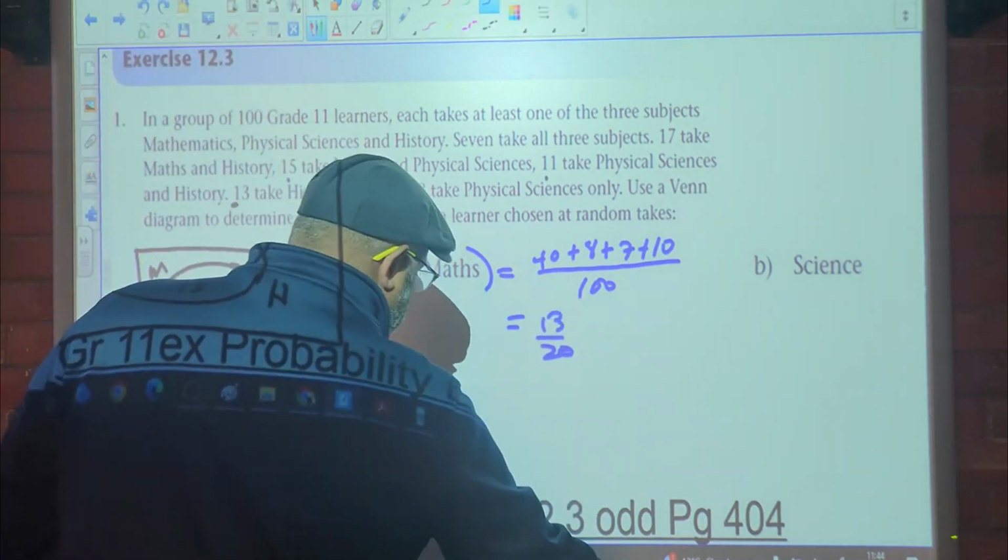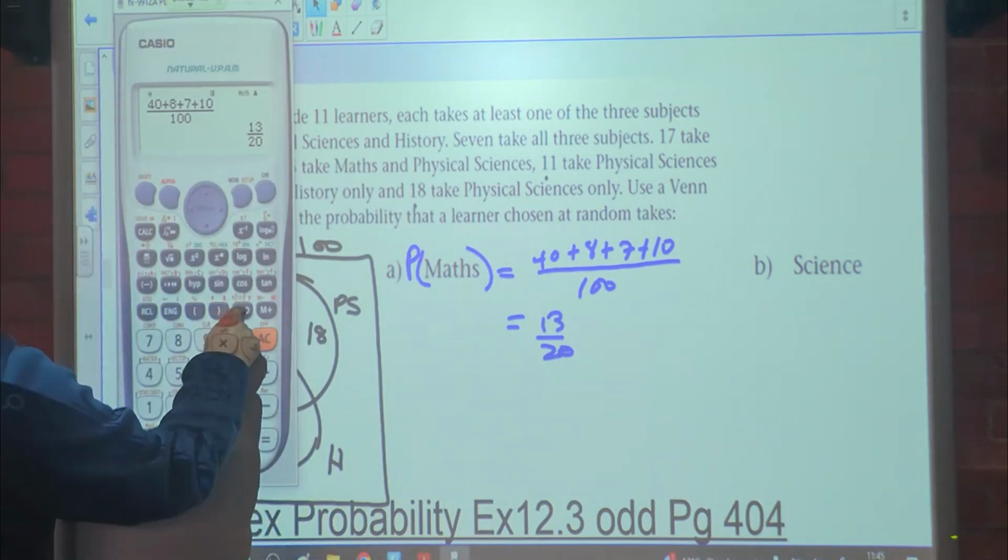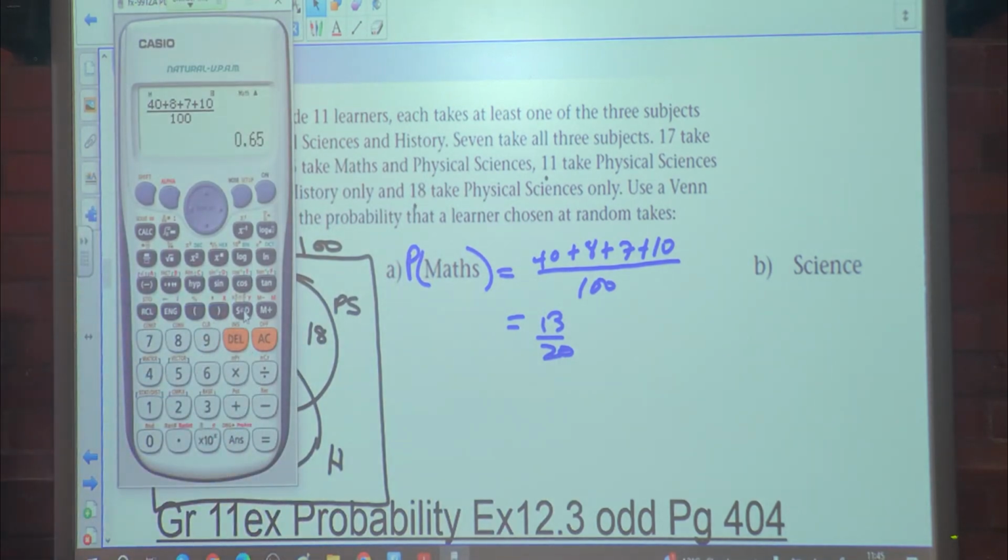You can either write it as 13 over 20 or 0.65, or multiplied by 100 I get 65%. Any one of those three will be acceptable in any probability question. Unless it's specified, you answer in the percentage, or you answer as a fraction. But if it's not specified, which is most of the time, you can write it in any way.